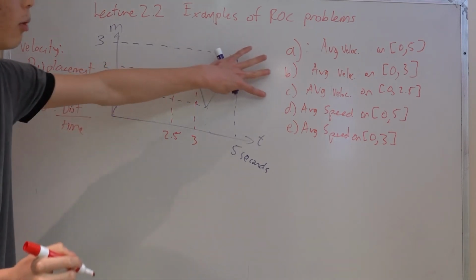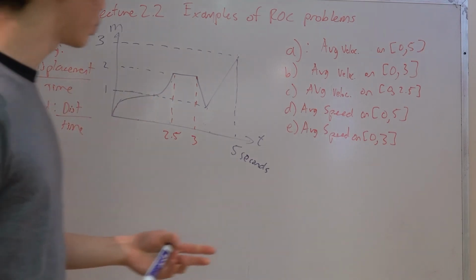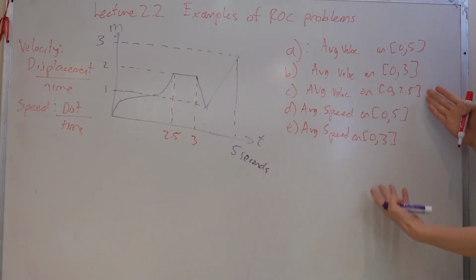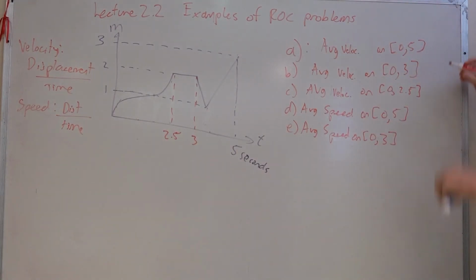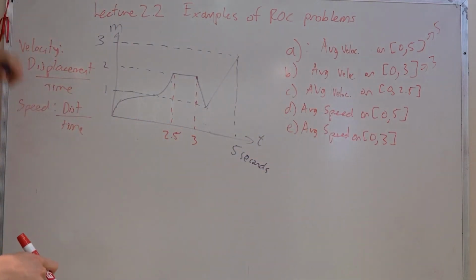So in the top 3 questions, we need to calculate displacement. In the bottom 3, we need to calculate distance. And time is pretty easy because, you know, we're given 0 to 5, 0 to 3, 0 and something else, right? So the time here is just going to be like 5 seconds, or this is going to be 3 seconds, and so on. Okay, so I'm going to gloss over this detail as I'm going through the examples. It's more the displacement that I'm worried about.